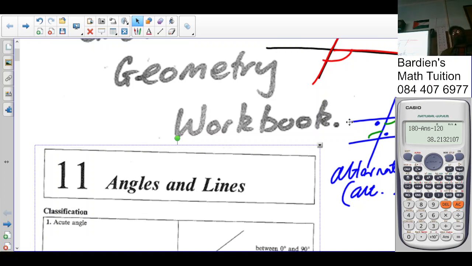The alternate angles. The F is the corresponding. So in the exam, if you're working with the F but you write alternate, you are going to lose marks. Or if you're using the Z and you write corresponding, you are going to lose marks. So you must remember, for the F it's corresponding, and for the Z it's alternate. You guys understand?